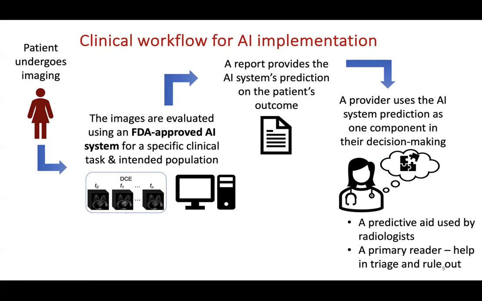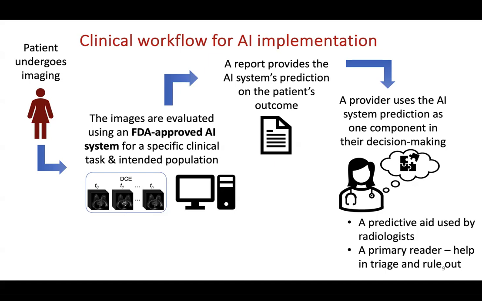and the radiologists and the other clinicians would use that in their assessment. Sometimes the computer could act as a primary reader or a partial primary reader, such as taking the cases and looking at them and bringing the most suspicious ones to the top of the reading order. So that gets attention very quickly.